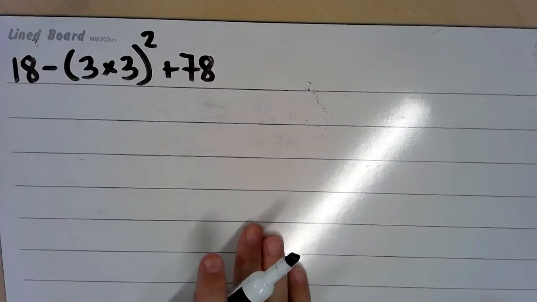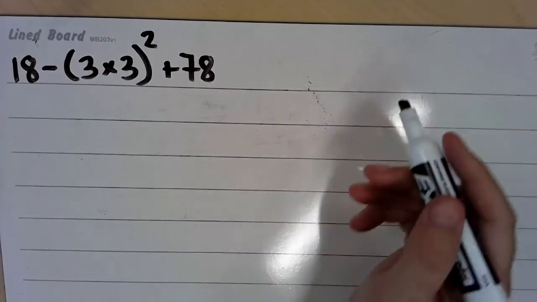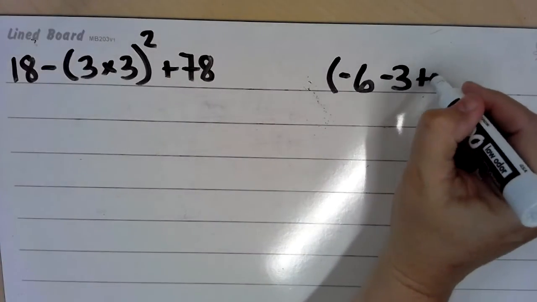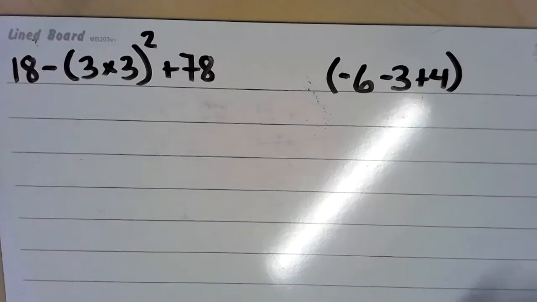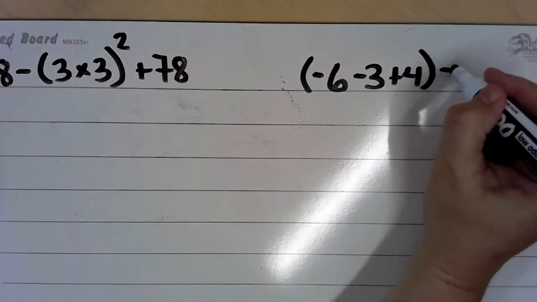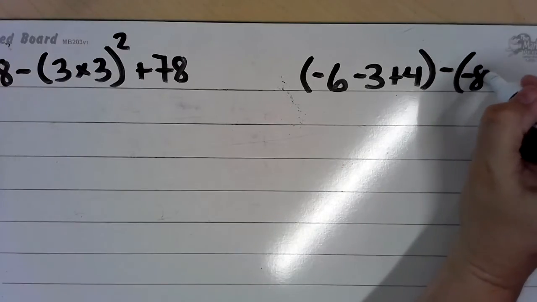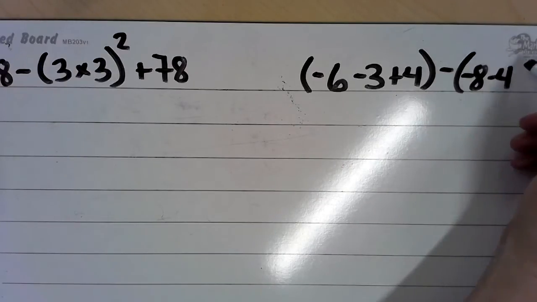There's one, and then let's do one like this: negative 8 minus 4 plus 2.